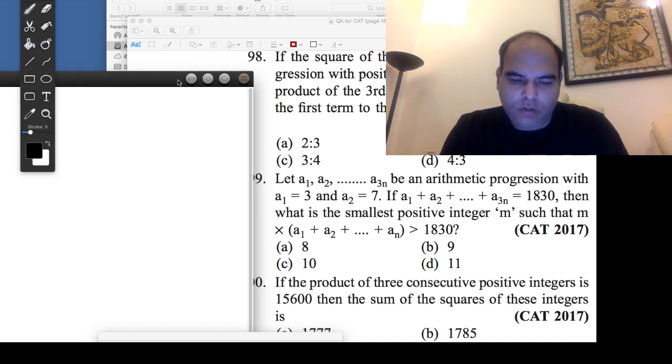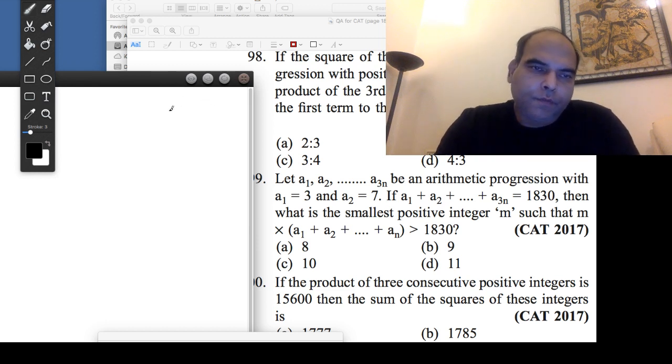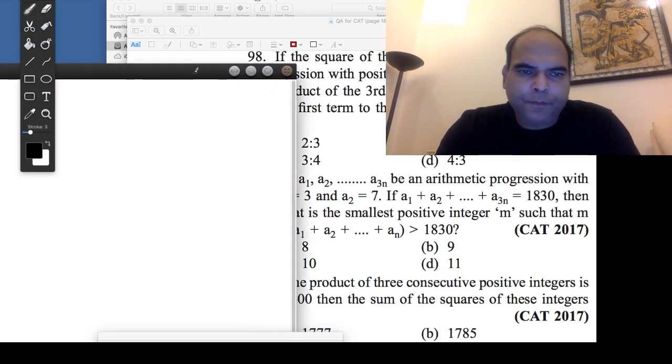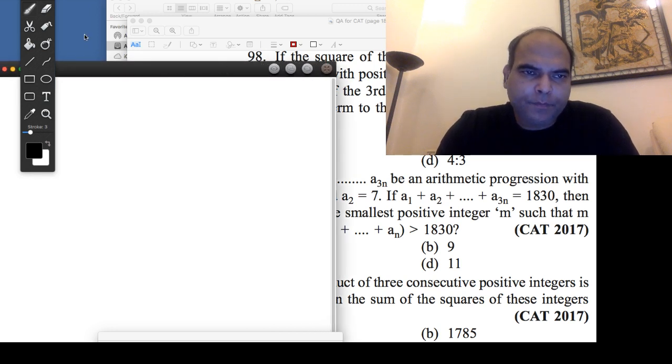right? Yeah, so it's now showing me that I'm live. So now the first thing in number systems, in fact, it's true not just for number systems but any part of your CAT quants section.